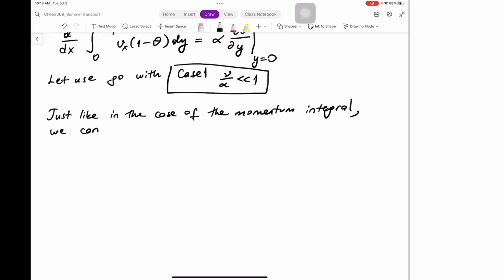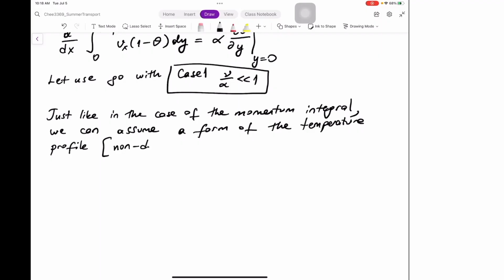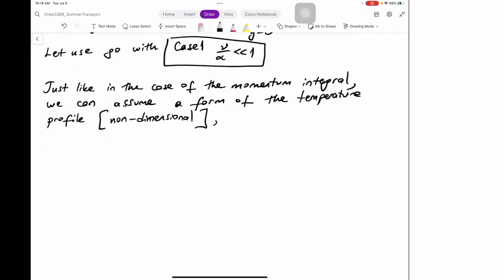We can assume a form of the temperature profile in non-dimensional form, and a polynomial, third order polynomial.